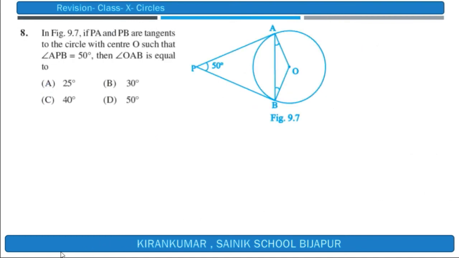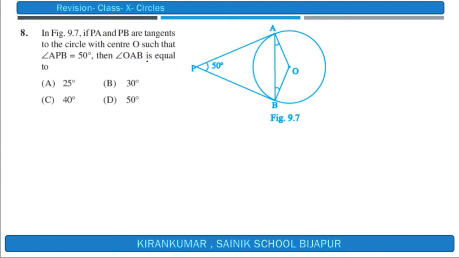I shall give this question for you to solve on your own. We shall discuss this answer in the next session. The question here is, in the figure, if PA and PB are tangents to the circle with the center O such that angle APB is 50 degrees, then angle OAB is equal to.